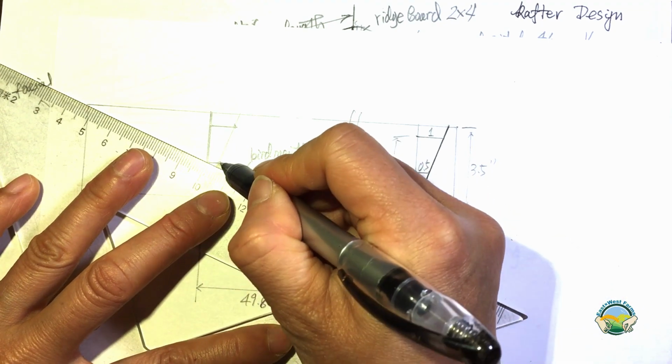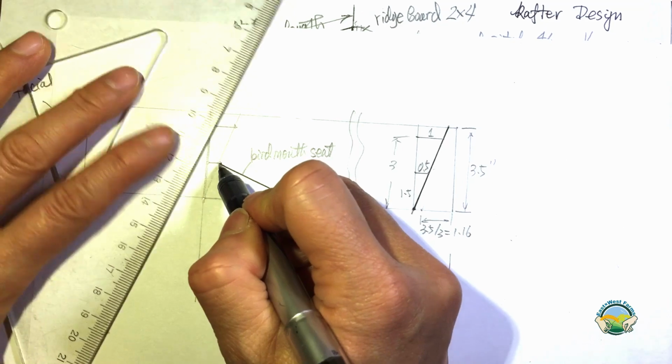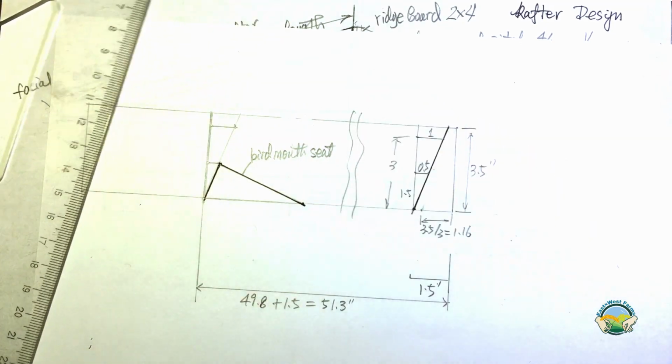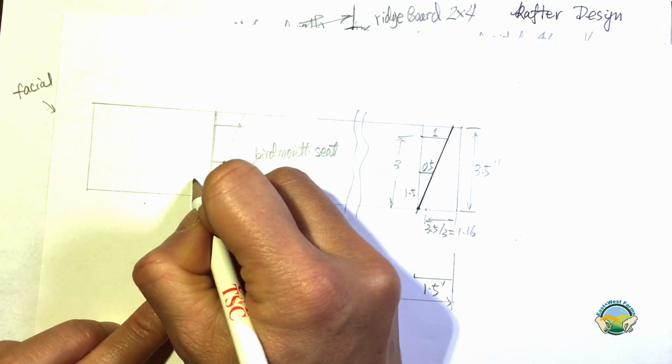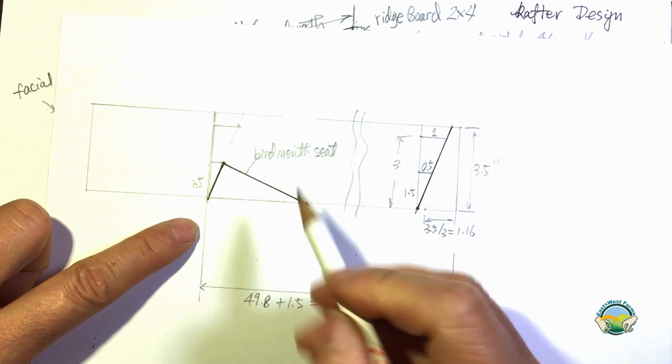So let me draw the cut line. Your cut line will be from here to there. To calculate that length, I know 1.5 over here, from here to there.